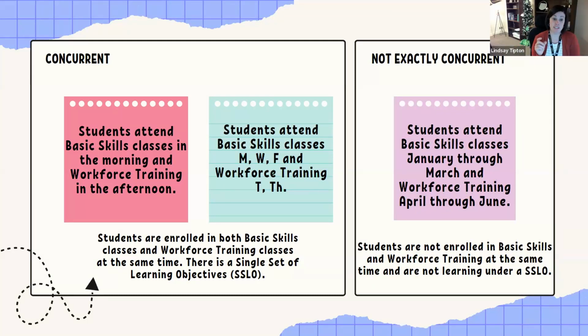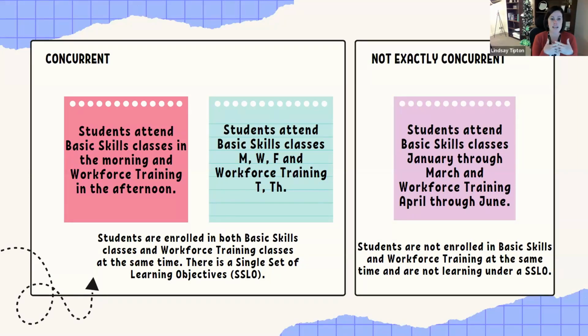As far as Advances is concerned, at the time that they enroll in that second component, the workforce training piece, that is when you would go into Advances and code them as IET. But for the spirit of concurrent, I would think that you would want at least half of the workforce training class hopefully happening.